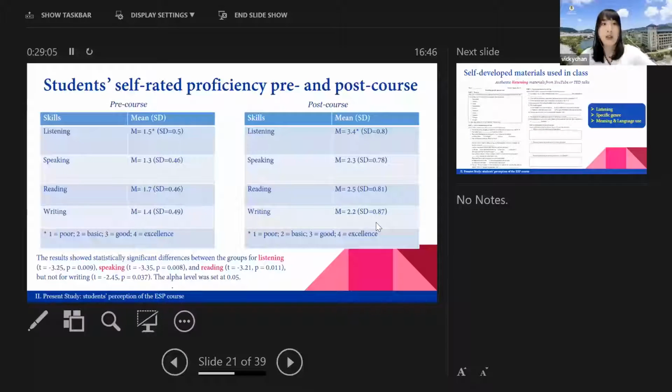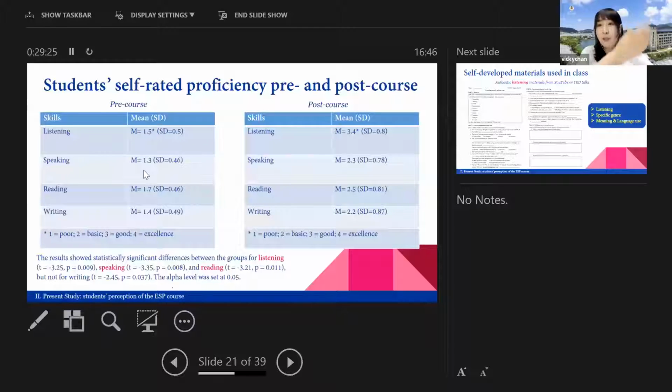And then here is their self-rated proficiency, before the course and after the course. As you can see here, I asked students to rate their skills in four English aspects, where 1 means very poor, 2 basic, 3 good, and 4 excellent.